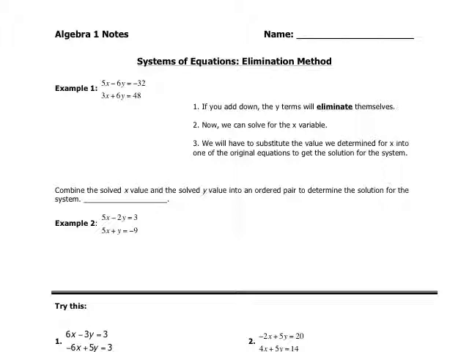So that being said, I want you to have a quick conversation with your partners, and I'll give you like 15 seconds. Give me numbers that would eliminate each other if we added them together. Talk to your partners about pairs of numbers that when you add them together would eliminate each other.